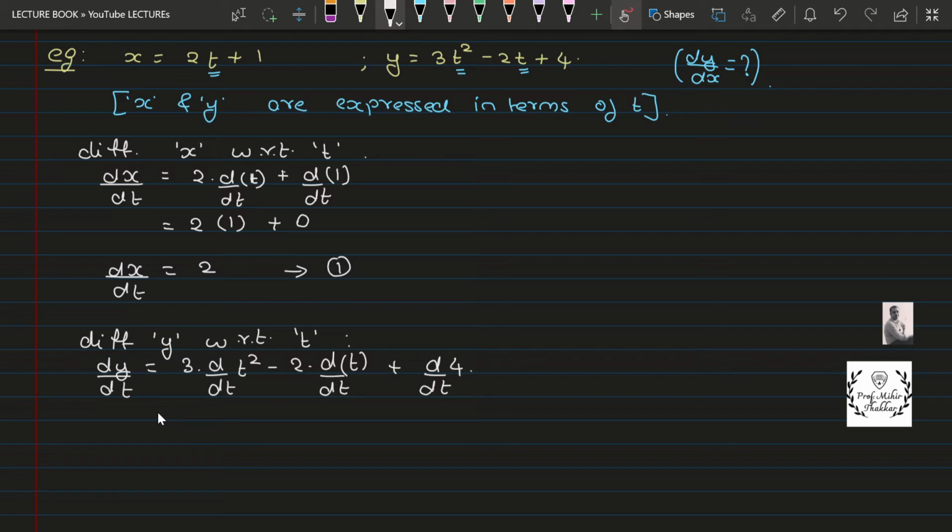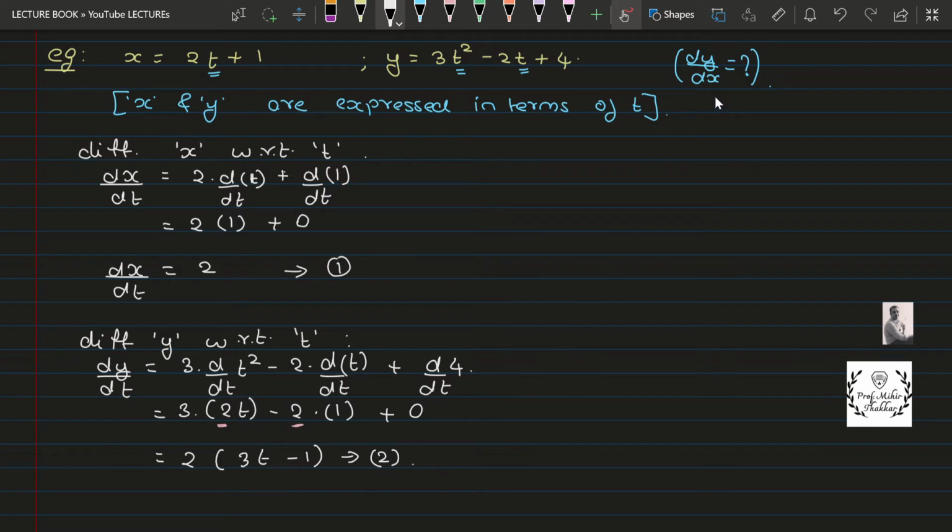This 3 is the coefficient, so nothing can be done with that. The derivative of t square is 2t, minus 2 into the derivative of t, which is 1, plus 0. If you see carefully, 2 is common to both the terms. If I take out that 2 common, I get in the bracket 3t minus 1. This is our equation number 2.